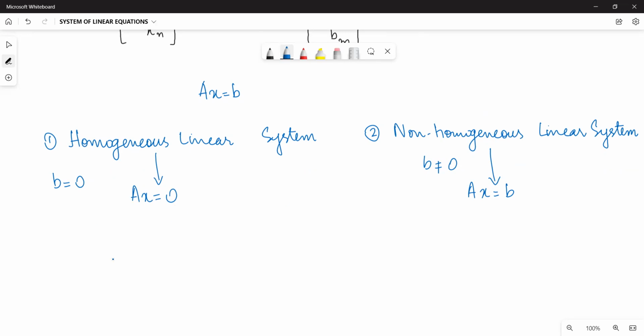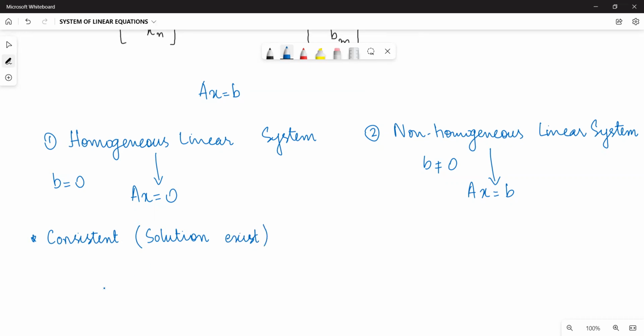And then there are also some things that we should know about the homogeneous and the non-homogeneous linear system. The homogeneous linear system is always consistent. It means that a solution always exists.